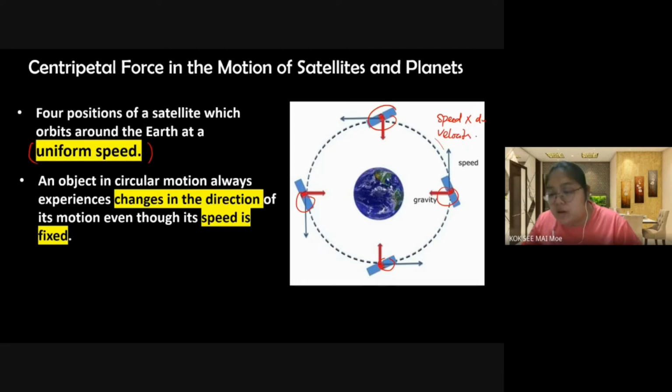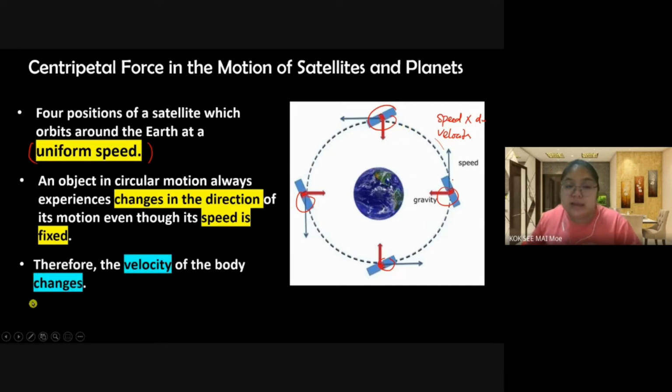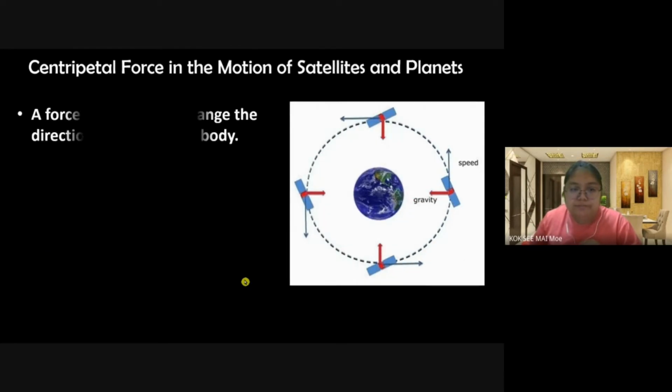When I'm talking velocity, you cannot say the first one and the second one are the same. No, because your direction changes when you turn in the circle. So they say, therefore, the velocity of the body changes. The speed is the same, but when you rotate, the direction is different, so your velocity has already changed. Now we continue.